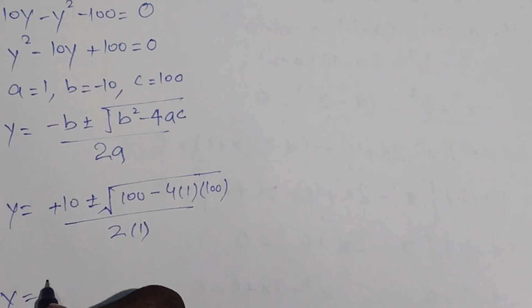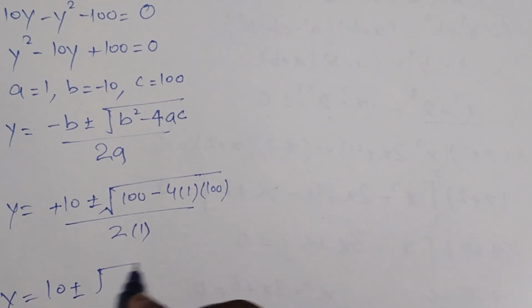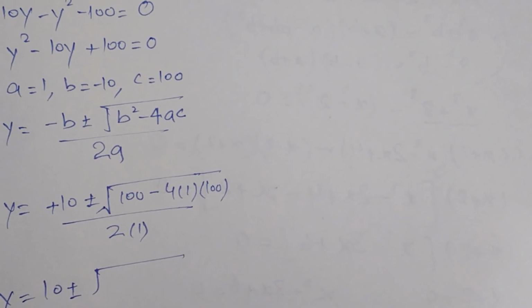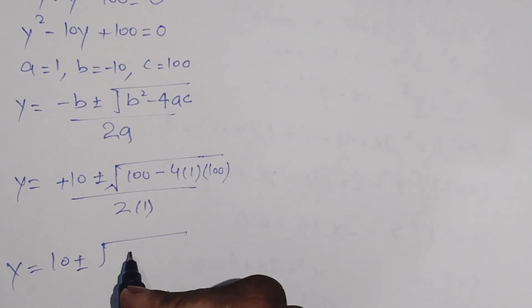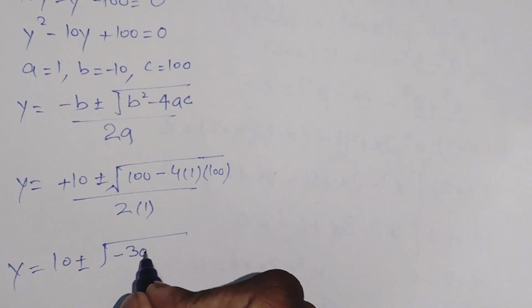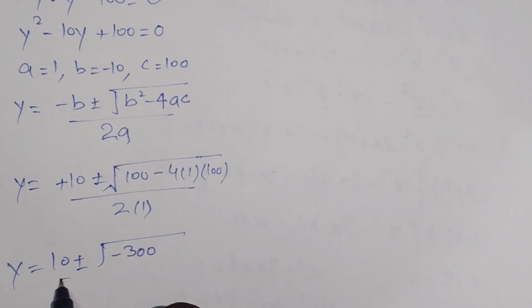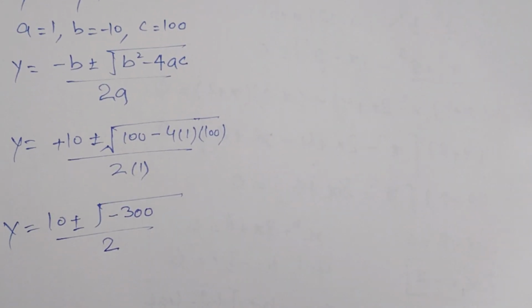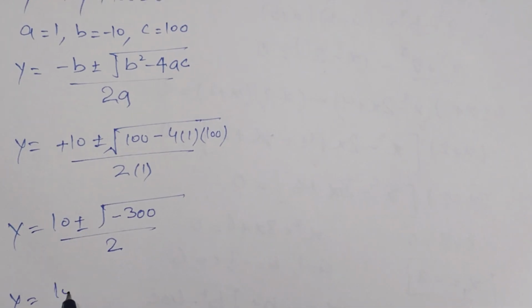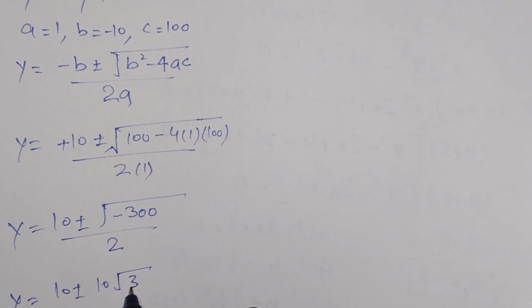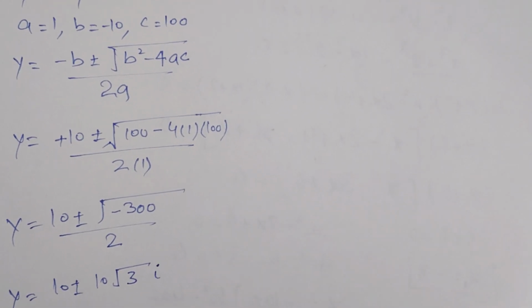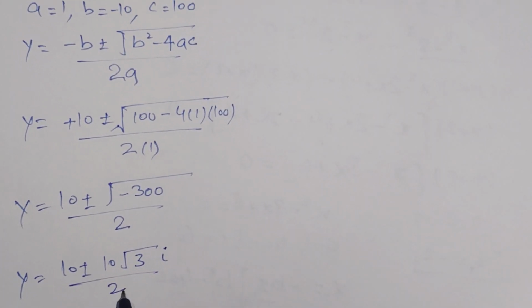So y will be 10 plus minus square root of 100 minus 400, which is minus 300, all over 2. So y will be 10 plus minus, it can be written as 10 square root of 3 iota, all over 2.